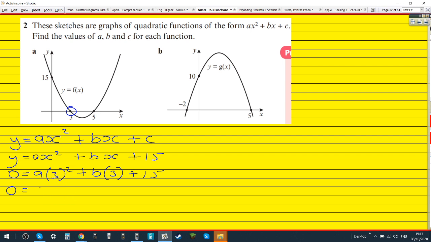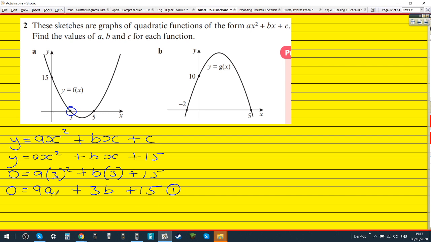So 0 equals 9 plus 3 plus 15. Hang on, 9a, like a times 9. And 3b. Yeah. 9a plus 3b plus 15. Okay, so that's when you sub in 3 and 0.